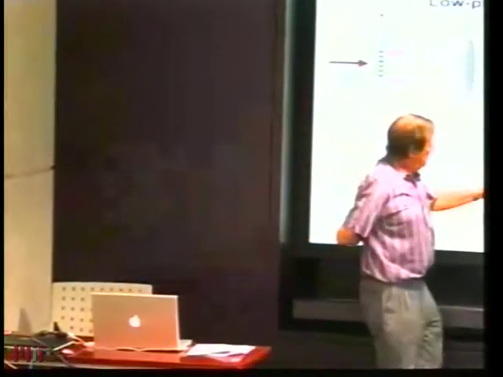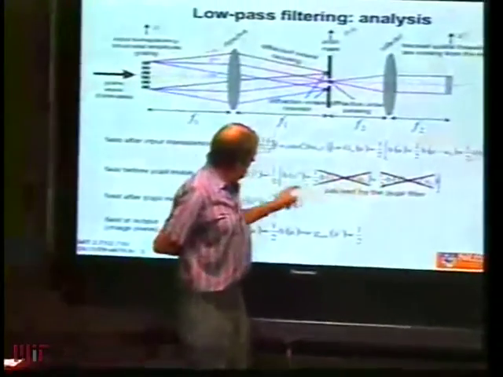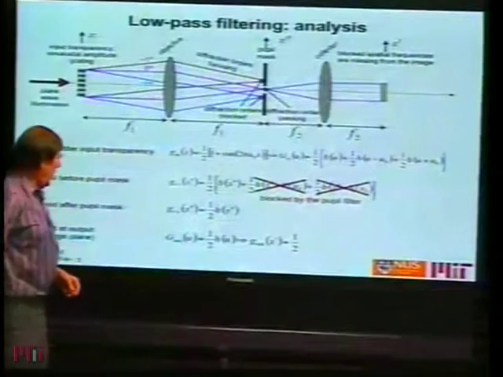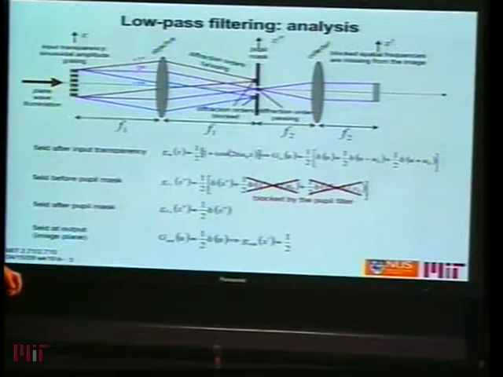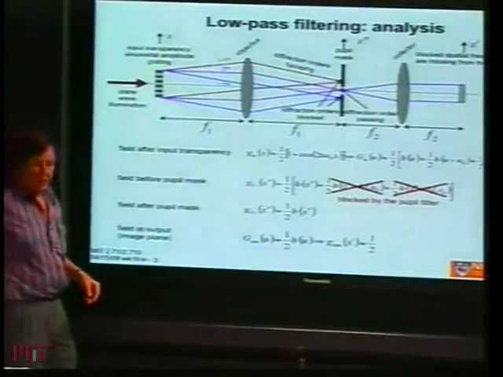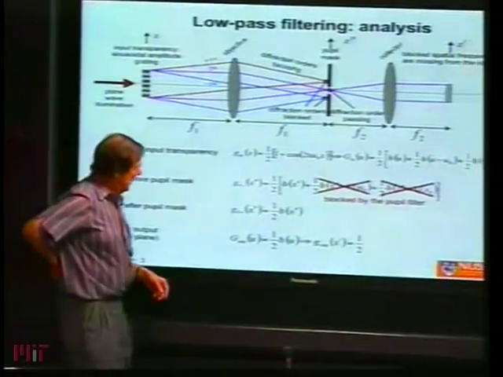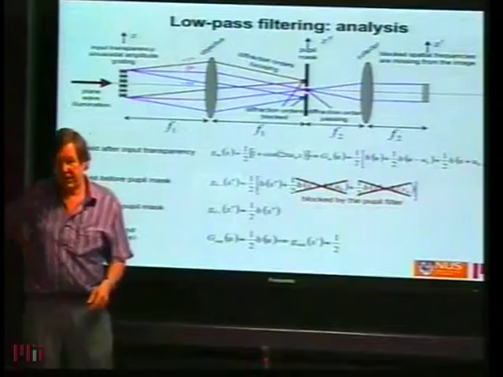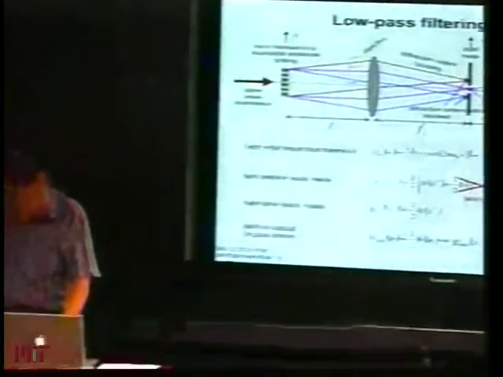So after the pupil mask, we multiply by the mask, which gets rid of those 2 and just leaves the other one. And then finally, the final image you'll see is going to be the Fourier transform of that. The Fourier transform of a delta function is a constant. So you see something which has got no detail in it.